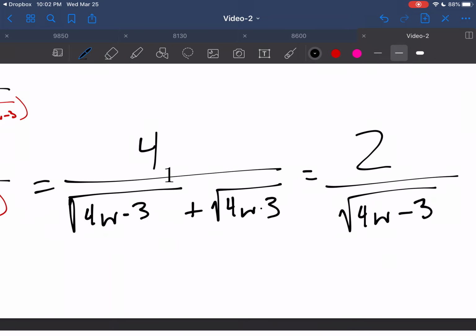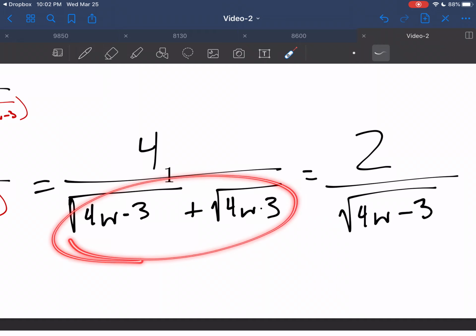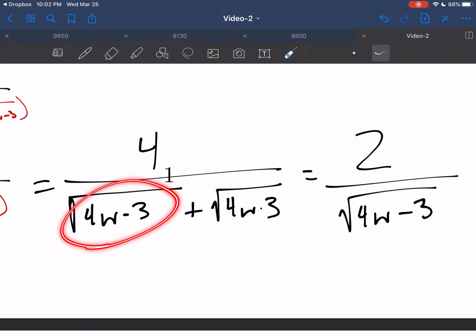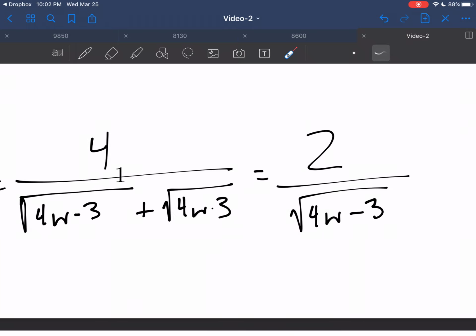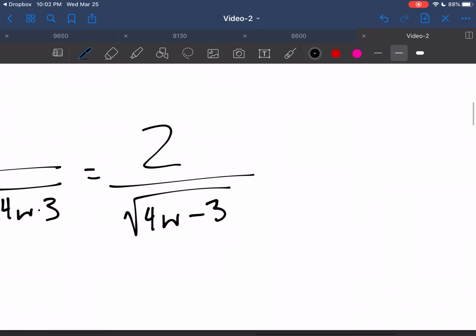Because if we add these two together, we get 2 times the square root of 4w minus 3, and then the 2's cancel, because 4 divided by 2 is 2, and that's what we're left with. And so that's our derivative.